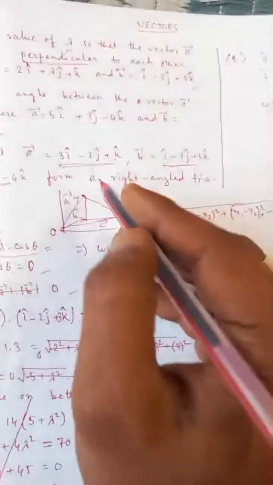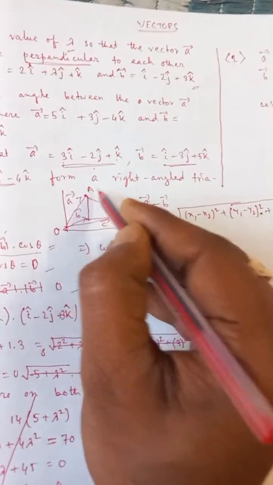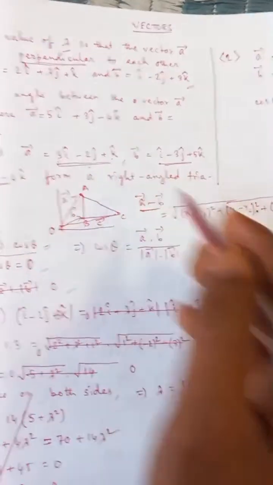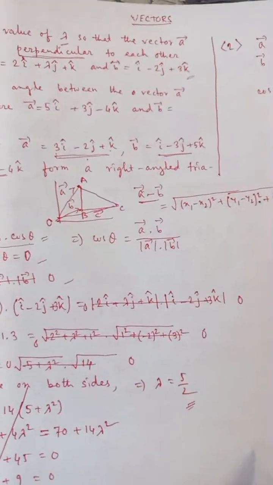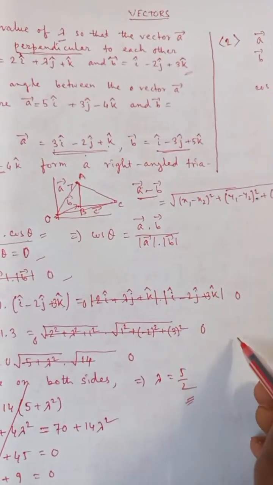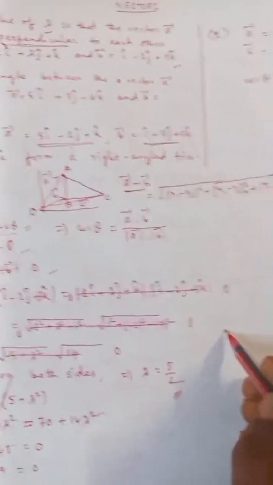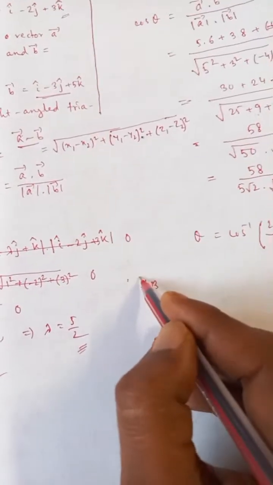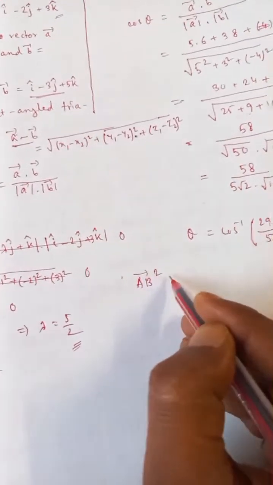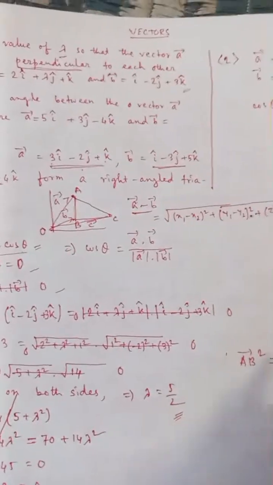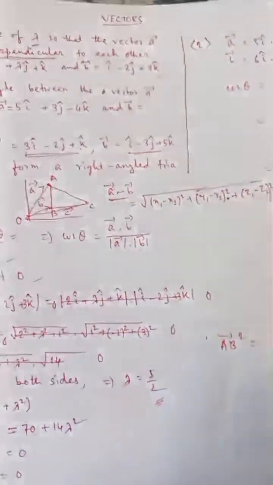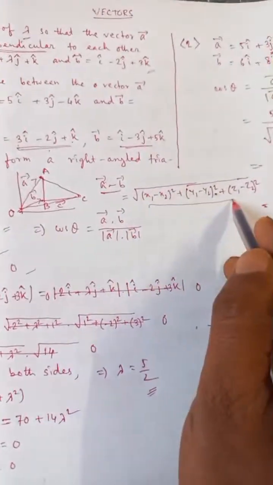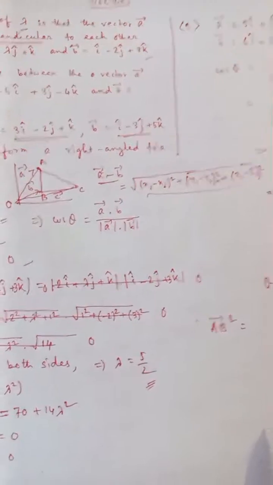We will take, if we give names A, B, C of the triangle made by these three vectors, then we will take AB. AB is the length, so we will take AB line segment whole square is equal to, we will not use the square root, we will just use the inner form under square root.